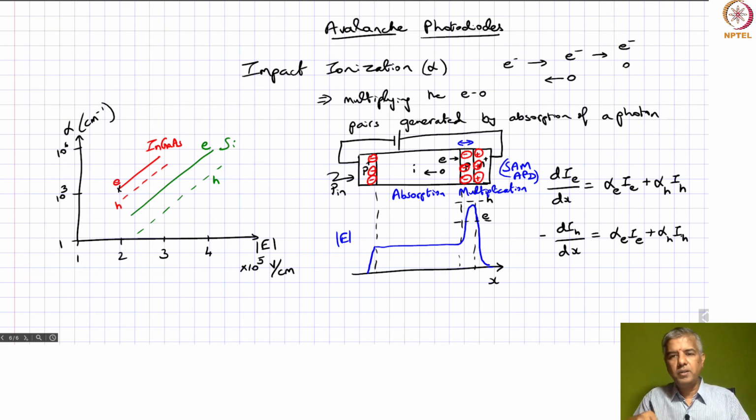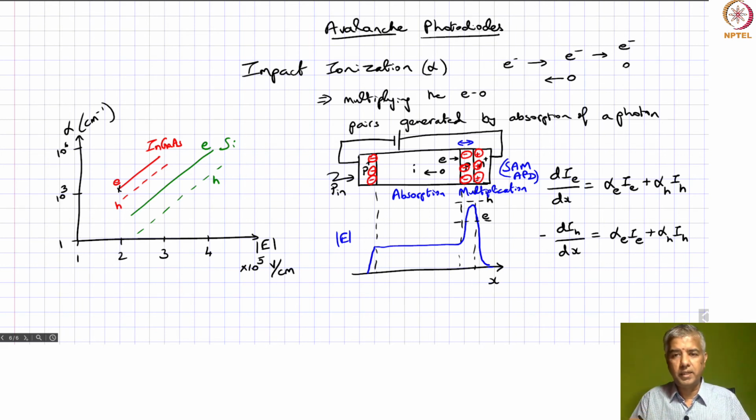Now we can solve these rate equations with certain boundary conditions. Boundary conditions are essentially saying that the avalanche process is triggered by this electron coming from this region, and there are no holes coming from this region. The hole current is 0 at the start.